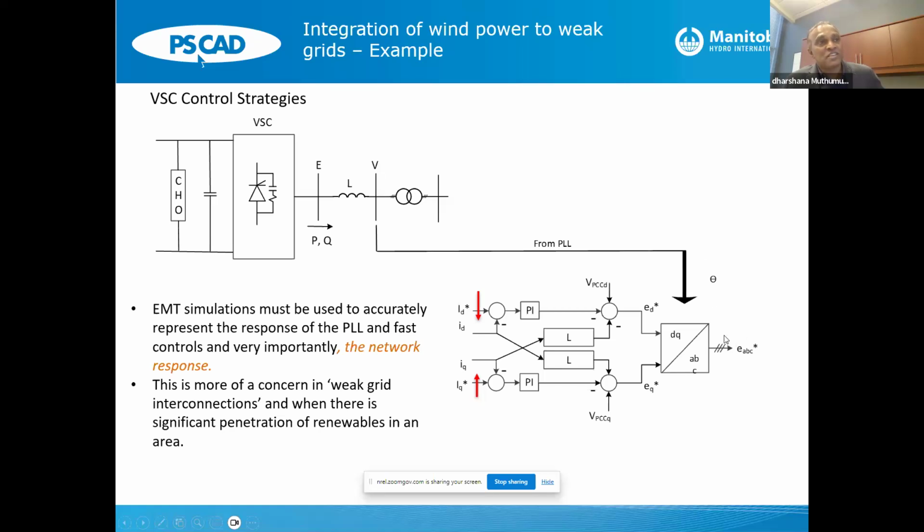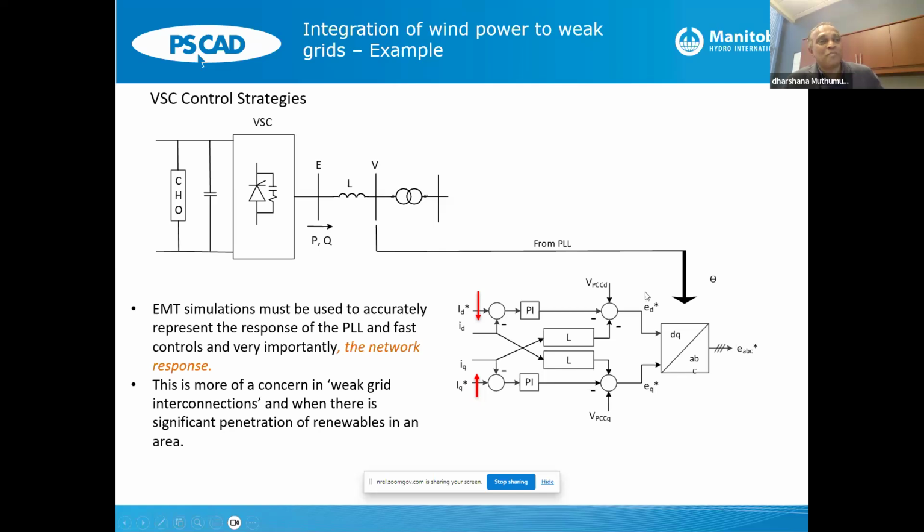And this conversion is also done using the output from the phase lock loop, that theta angle from the phase lock loop. So you can see if the phase lock loop messes things up or doesn't lock to the voltage accurately, all your good control strategies would be useless, right?